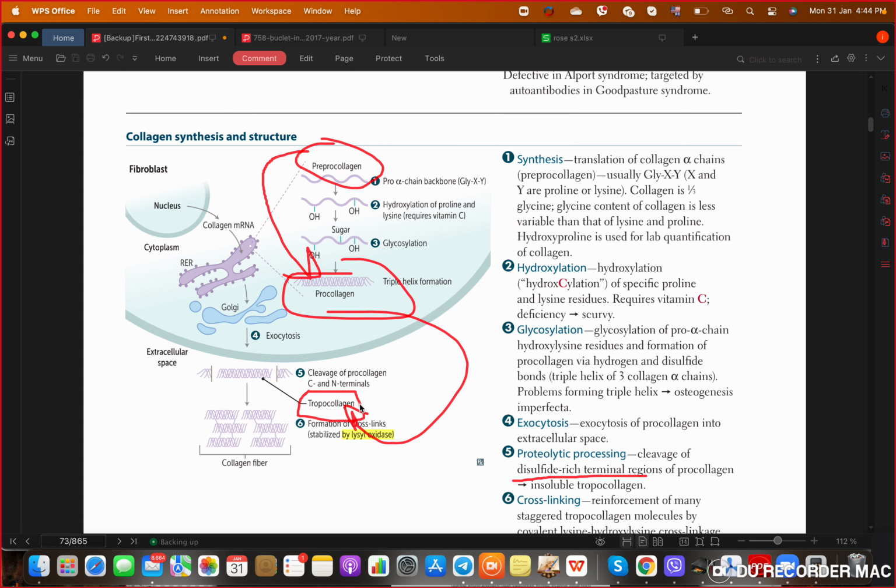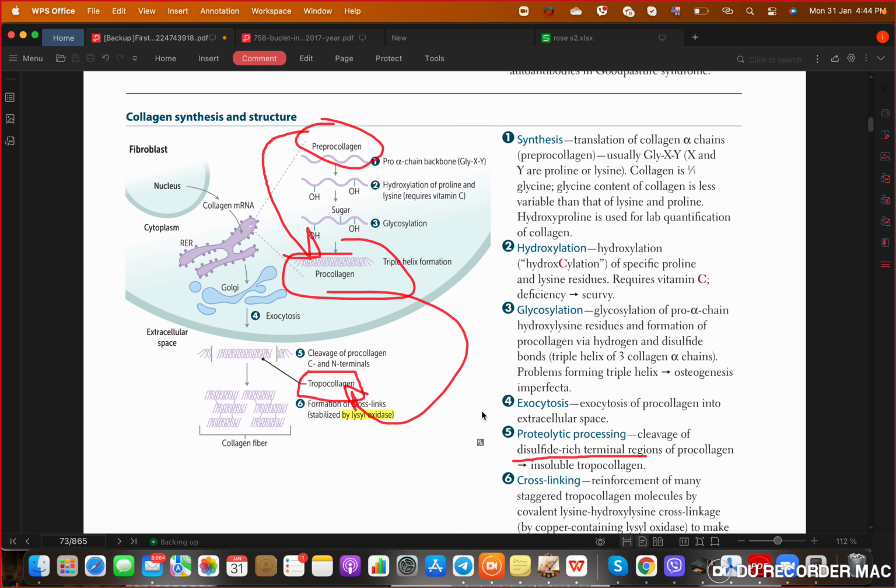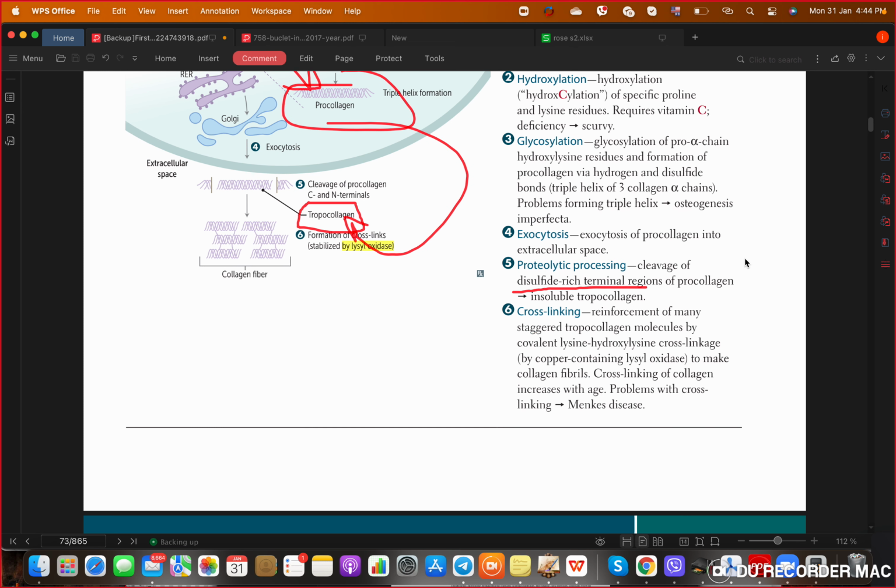Yeah, Doc. So the tropocollagen then, we take it and we start a procedure called cross-linking. This cross-linking is going to cross-link many collagens at the same time. They write: cross-linking, reinforcement of many staggered tropocollagen molecules by covalent lysine-hydroxylysine cross-linkage, which happens with the help of lysyl oxidase.